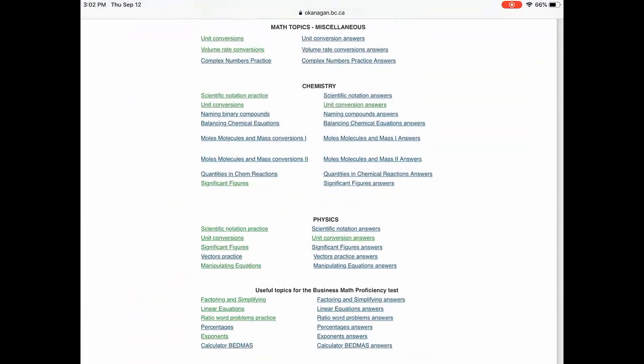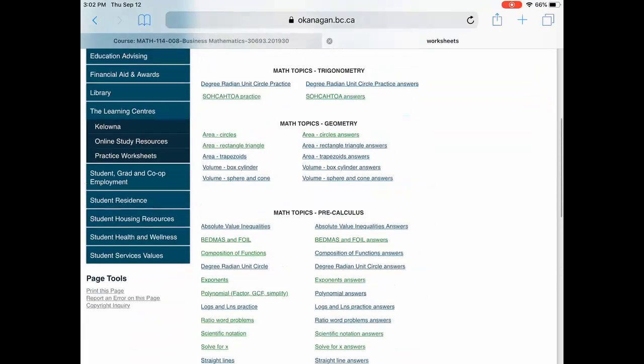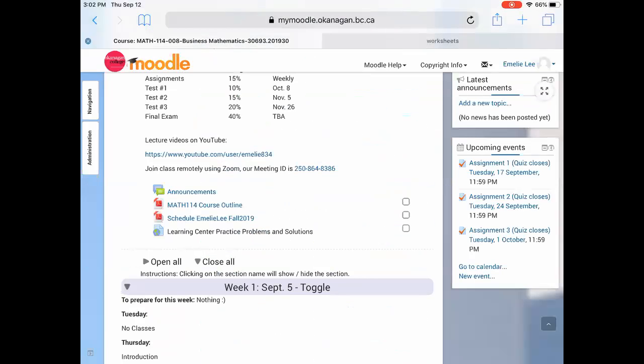If there's something in particular you need to work on, there's lots of worksheets and solutions there. That's put up by the Learning Center, but if you have any questions about it, of course you can send them my way.